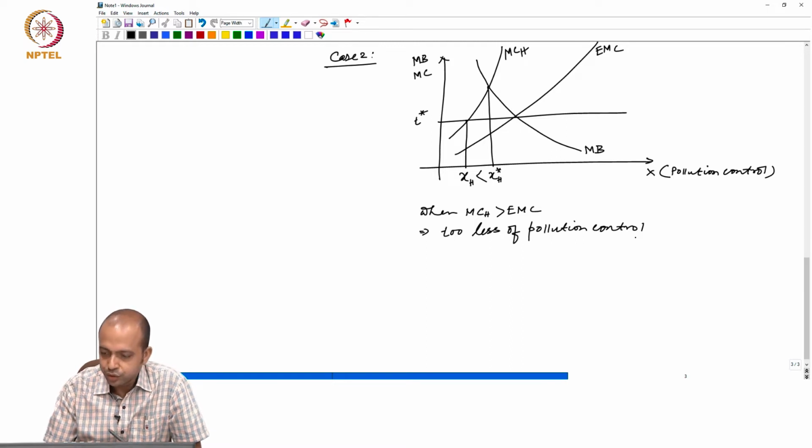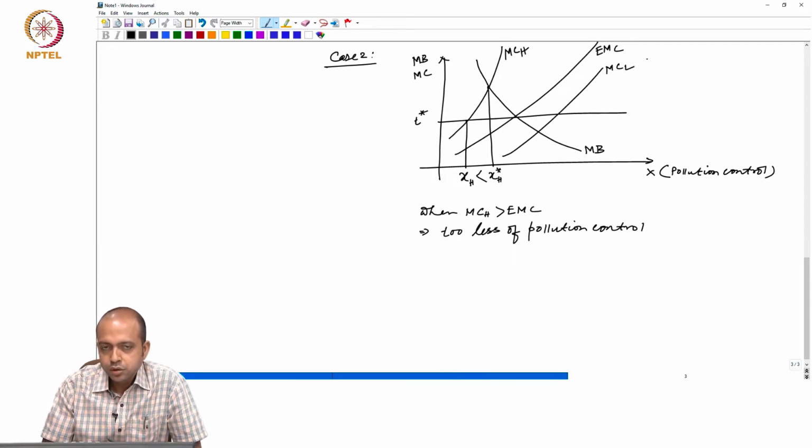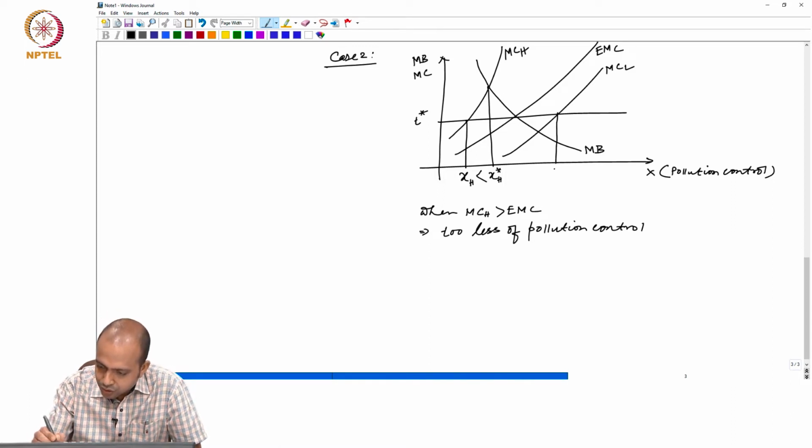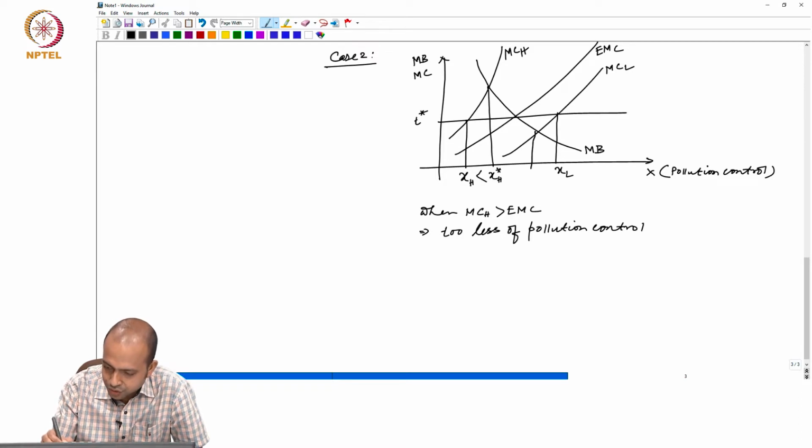But if the actual MC is lower, let us say this is MC low, then the private optima, decided by T equals MC, is called XL. But how much does the society want? Society wants this much, by equating MB equals MC.